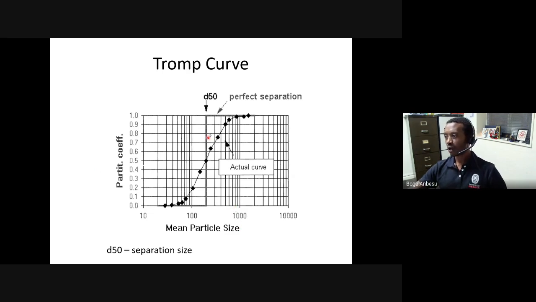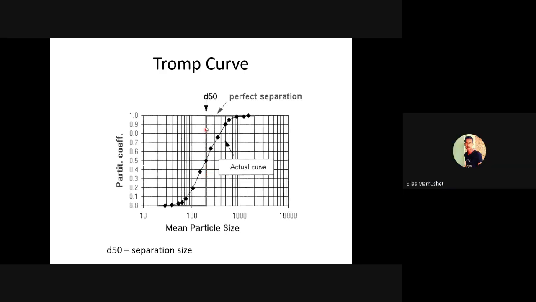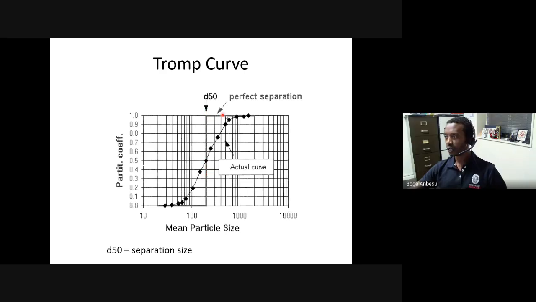So ideally, what I would expect is this is my separation size. So this is my screen size, about 200 millimeter. All particles that are coarser than 200 millimeter, 100% of them will go to the coarse fraction. So this is the line I would expect.